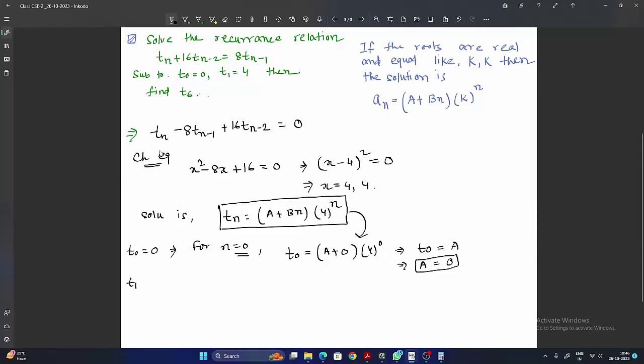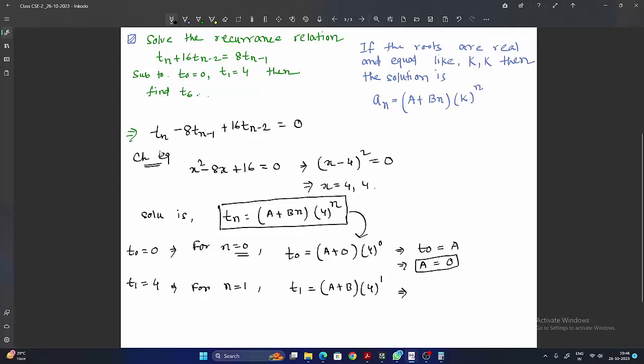Now t1 is given as 4, so for n is equal to 1, na? T1 is equal to a plus b into 1, that means a plus b, into 4 to the power 1, that means 4.